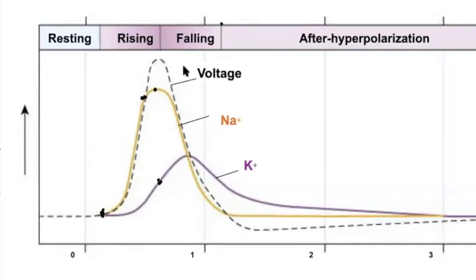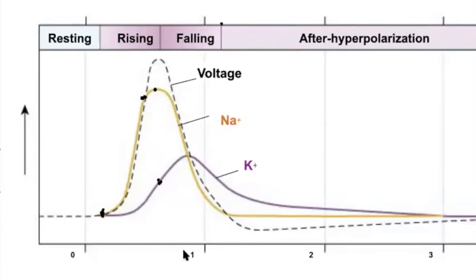Sodium's coming in fast, causing this big spike in voltage rise. But the reason it comes down so quick is that at the same time, the potassium channels opened up due to that same voltage change, but they have the opposite effect, bringing this voltage back down. And they're going to stay open such that the cell's actually going to go beyond normal resting membrane potential to -90.